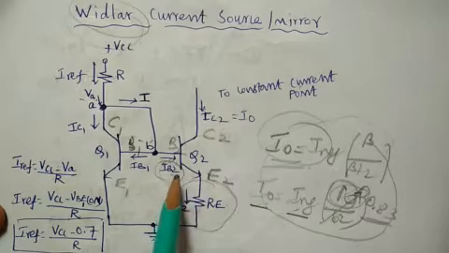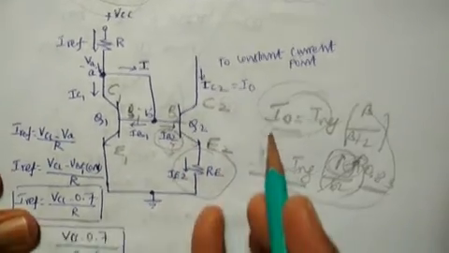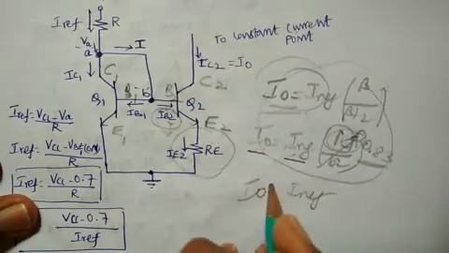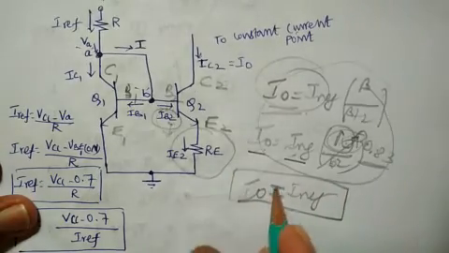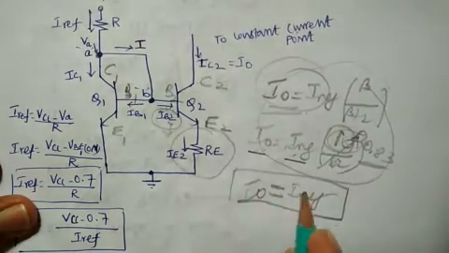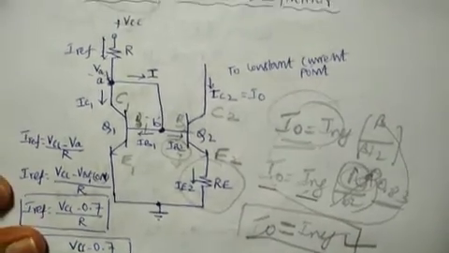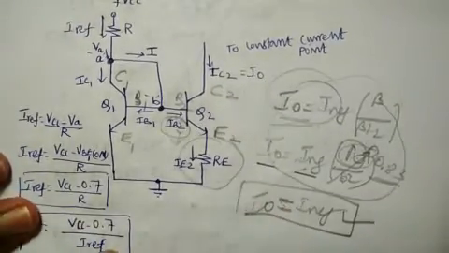Because of this IB2 being neglected, the final result approximating I out equals I reference will be more accurate. So this I out will be almost equal to this I reference. This is what Widlar is trying to prove, and we are going to see the operation and this proof in this session.